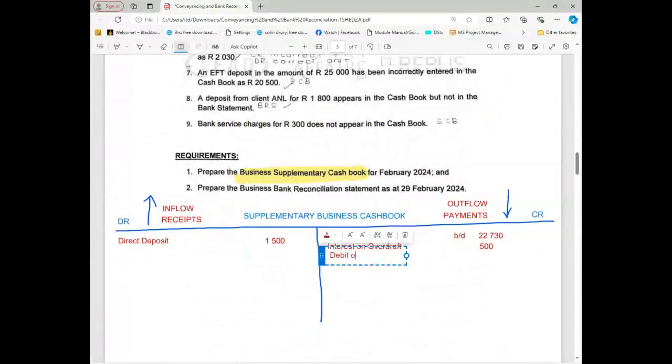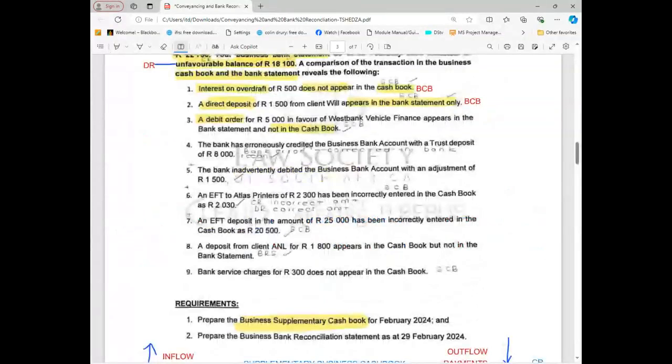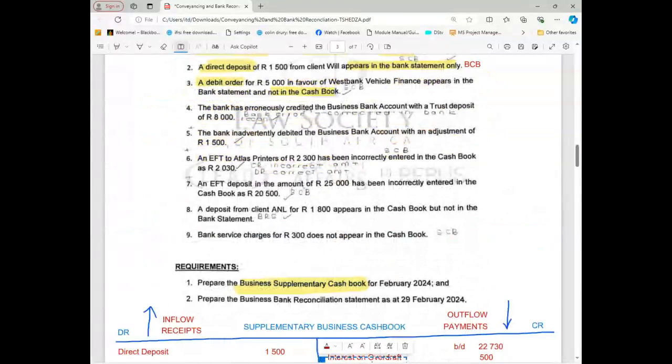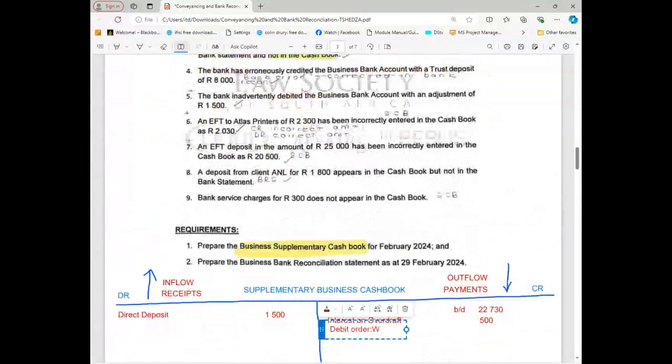For more information on the debit order, I can just say who it was from, that doesn't matter. As long as you know, you can write that name there. Even for the deposit, you can say where it came from.